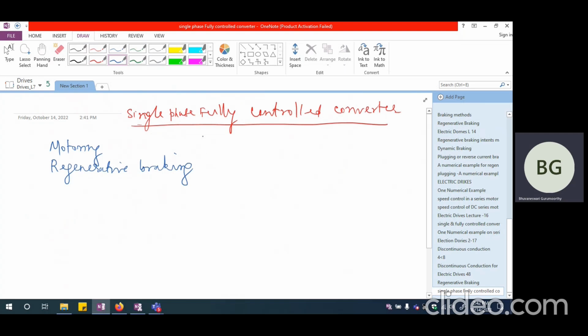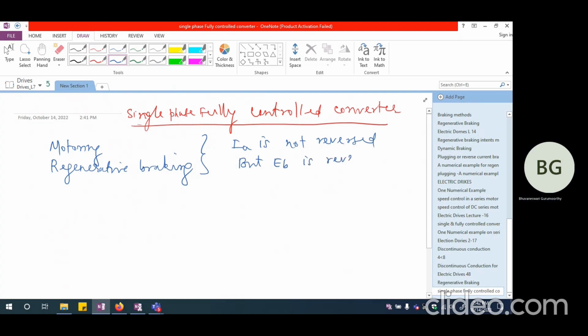And one thing we have to realize is IA is not reversed, but EB is reversed. EB as well as VA average also, both are reversed. So this is the way generally your regenerative braking operation works.